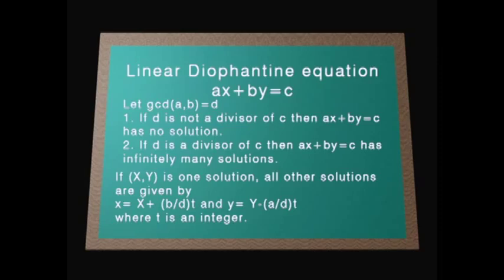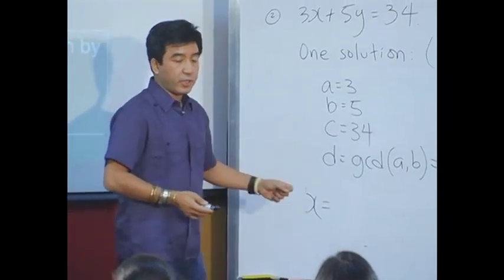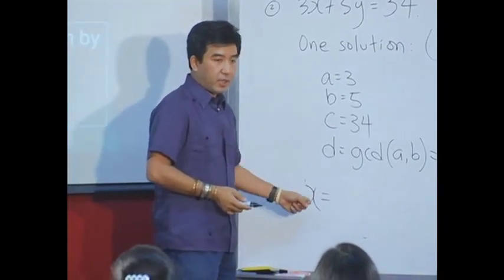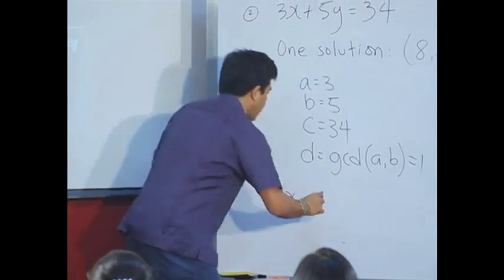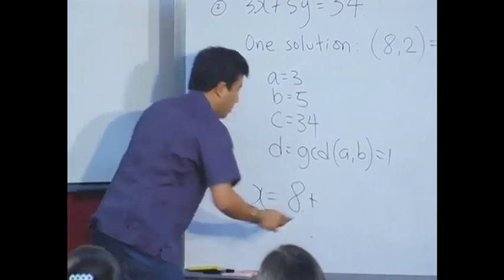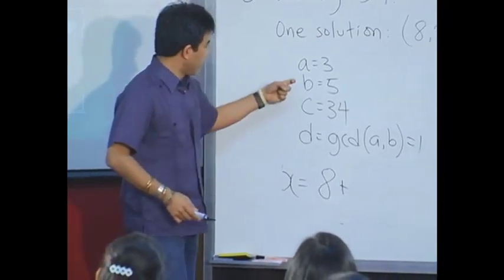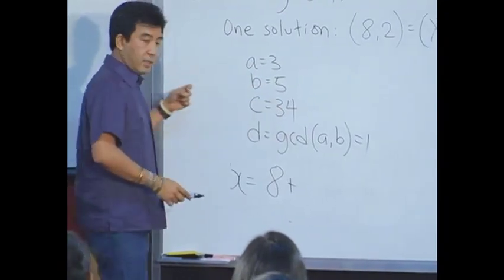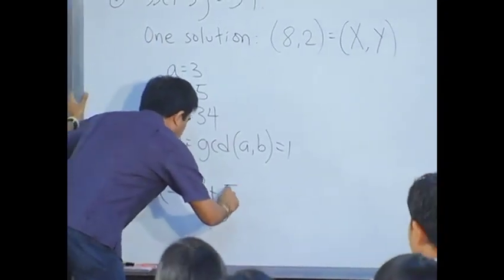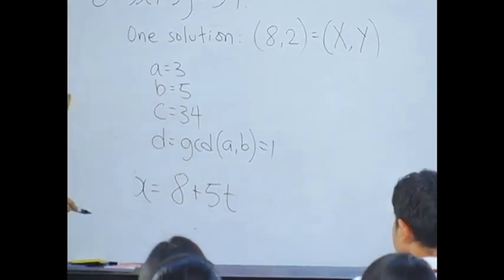Okay? So, our formula states that all possible solutions, with our big X and our big Y, are given by small x equal to our big X, 8, plus b over d. B over 1 is 5, t. Okay?